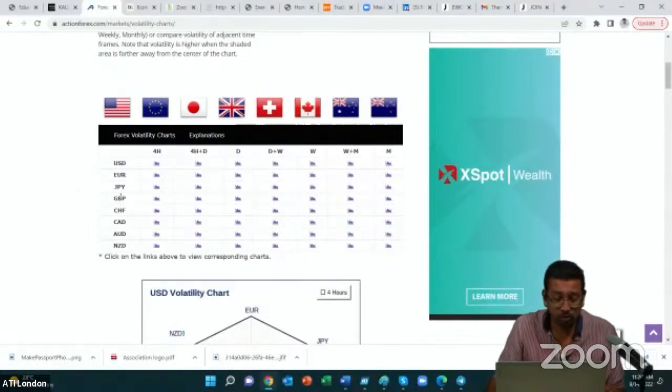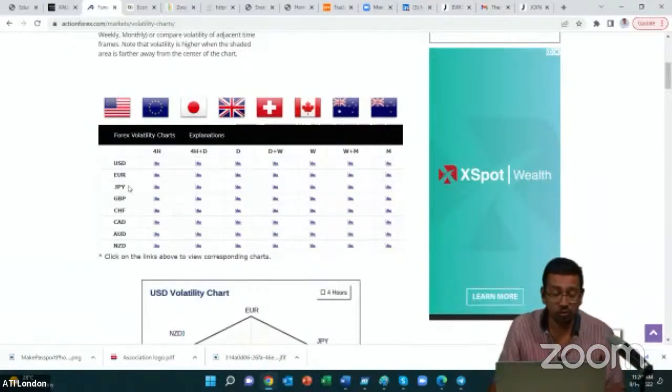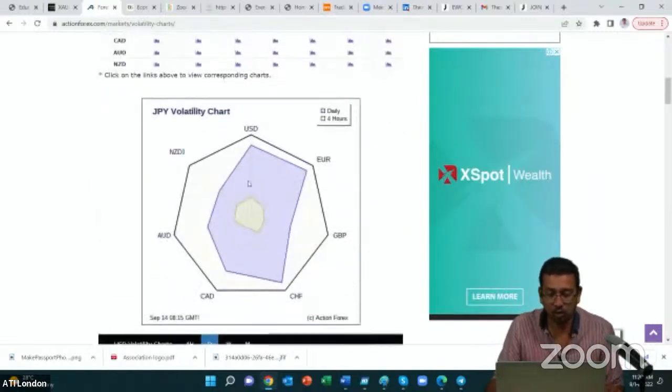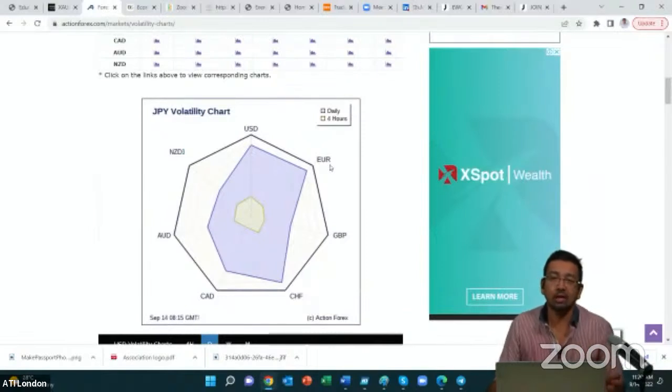So here, for example, we have the focus on JPY based on the top 10 movers as well. We click onto the 4 hour plus the daily, and then we can see this purplish line, which is a daily type web. Now, the closer it is to the end, the more it gives us hints of how volatile JPY would be if you combine JPY with that particular currency.